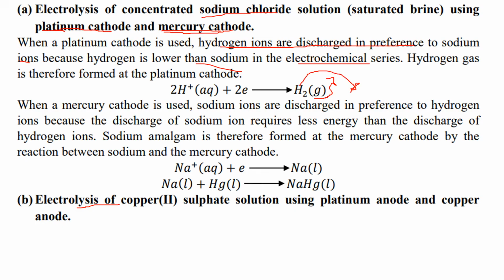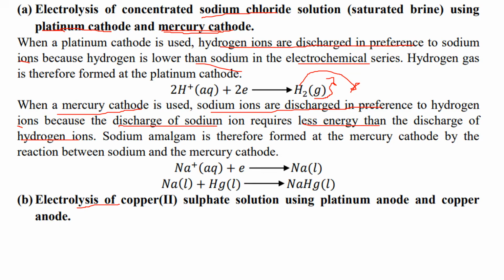However, when we use a mercury cathode, like during preparation of sodium hydroxide, the sodium ions are going to be discharged in preference to the hydrogen ions. This is because the discharge of the sodium ion is going to require less energy than the discharge of the hydrogen ions.